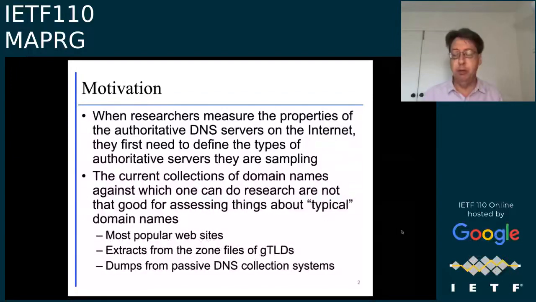Those lists of the domain names are available. However, a bazillion of those are just parked, so they're not really typical either. Or they get a dump from a passive DNS collection system, but that's not really typical because those are often very local. That is, for a recursive resolver in a particular region, it's going to be much more regional.